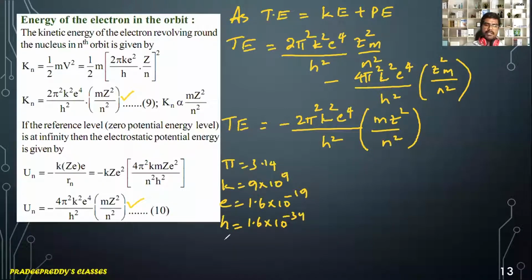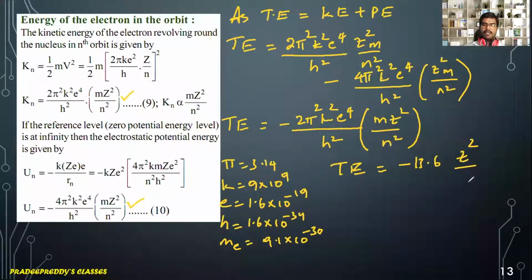Mass of the electron is 9.1 into 10 power minus 31 kg. You can just substitute all these values here, and total energy will be obtained as minus 13.6 z square divided by n square.